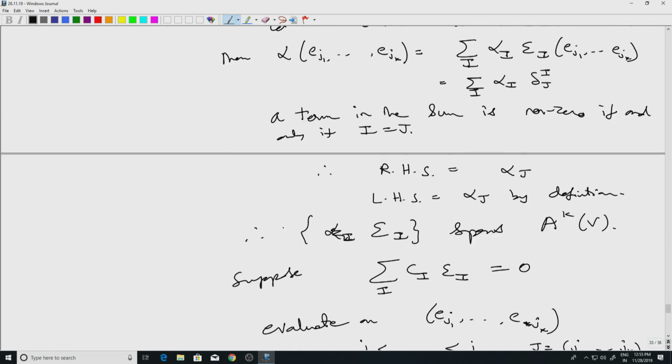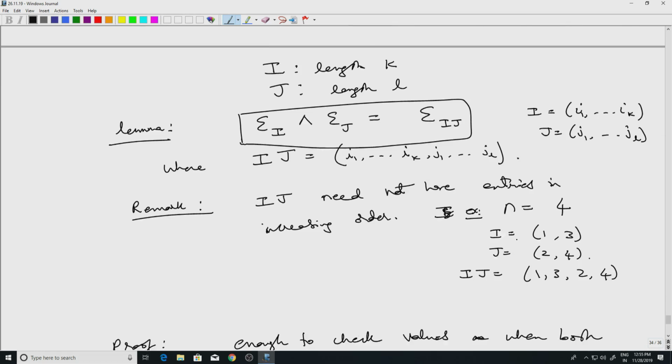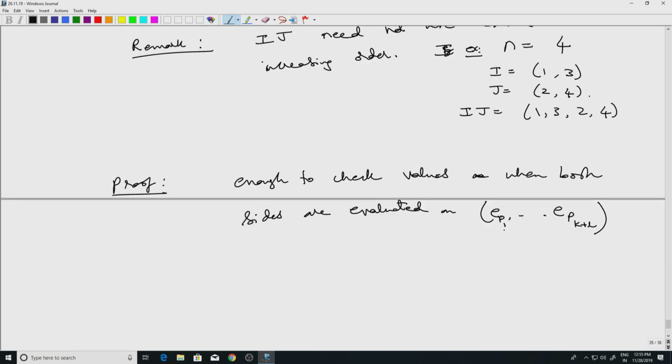So same thing here as well. I'm checking that these two forms are the same, so I can assume that P1 less than P2, etc., less than P(K plus L).